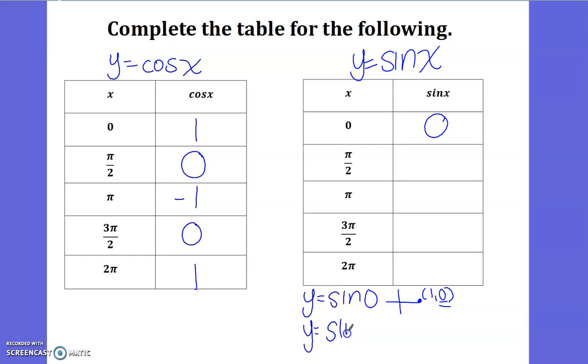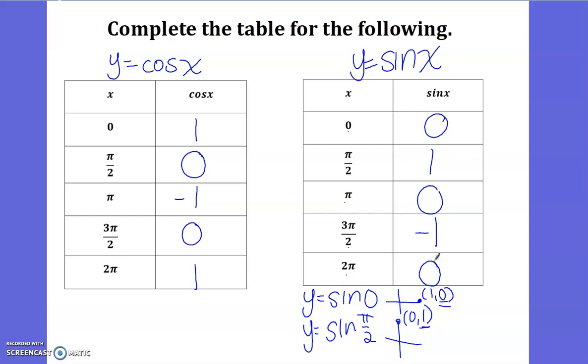Then if we evaluate sine of pi over 2, that falls up here at (0, 1). Again, all about the y values, the y value is 1. If we evaluate sine of pi, y is 0 at pi. If we evaluate sine of 3 pi over 2, y is -1 there. And then back to 2 pi, that's going to be the same as 0, so we're back at 0.